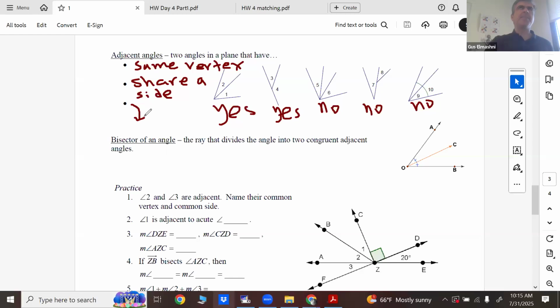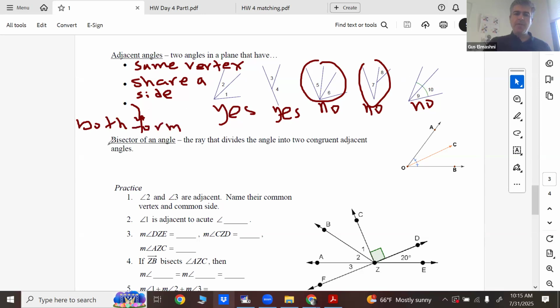I'm trying to think how would I say this? So clearly this is not the same vertex. Clearly this is not a common side. 10 engulfs 9. I think you could say they both form a bigger angle, if that makes sense.